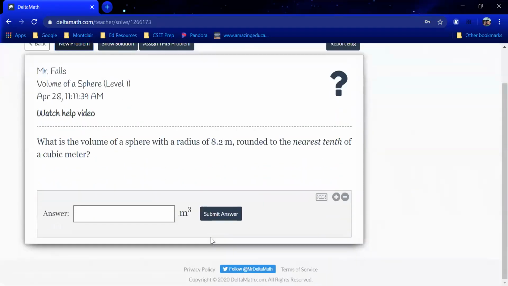So here we go. What's the volume of a sphere? You know what? I'm going to change this from sphere to hemisphere. If you see the word hemisphere, that just means that it's half of a sphere. So all you have to do is divide by 2. I did see some problems where it says, what's the volume of a hemisphere? Well, all you got to do is find the volume of the sphere and then divide it by 2.